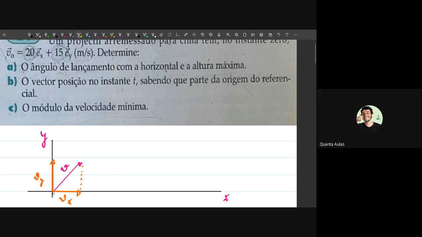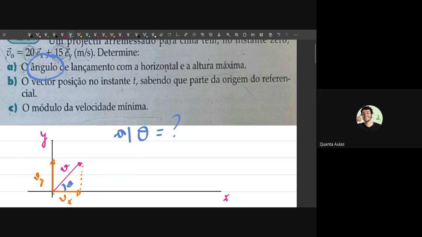So how can I do this for you? Let's think about the triangle. Why the triangle? Because we want this angle here. The angle is the problem and the first question. What's the angle?